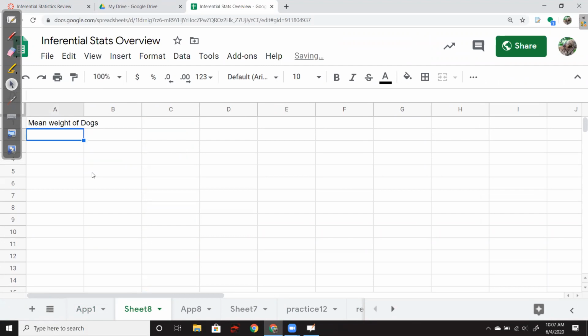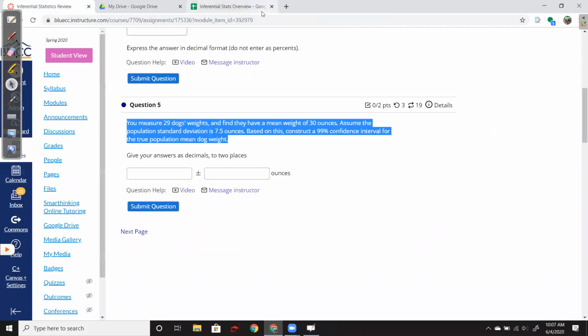And we know N is 29. We know the mean of the sample is 30. We know sigma, the population standard deviation, is, what was that, 7.5? Yep.